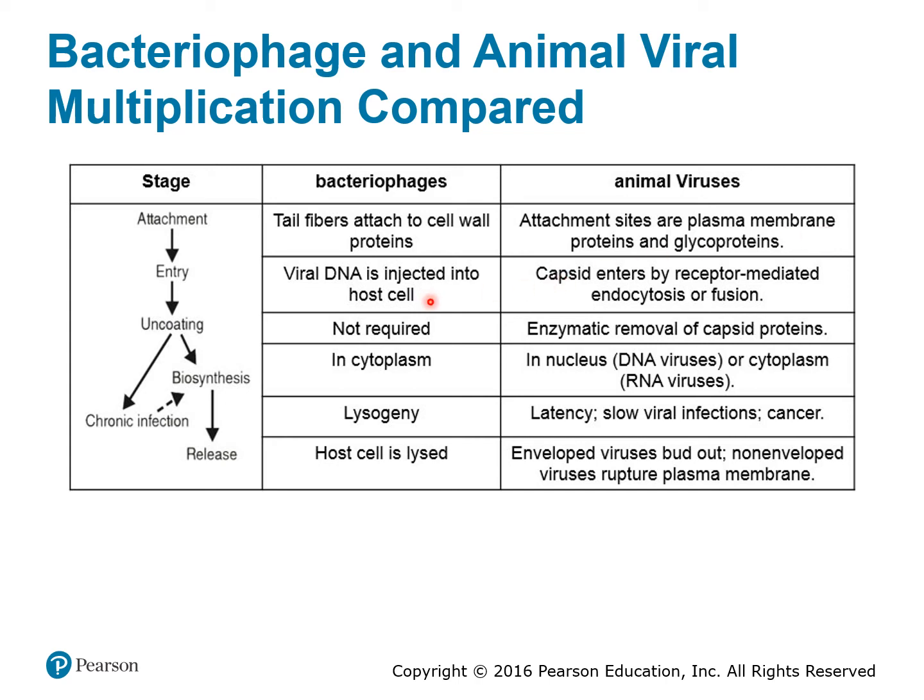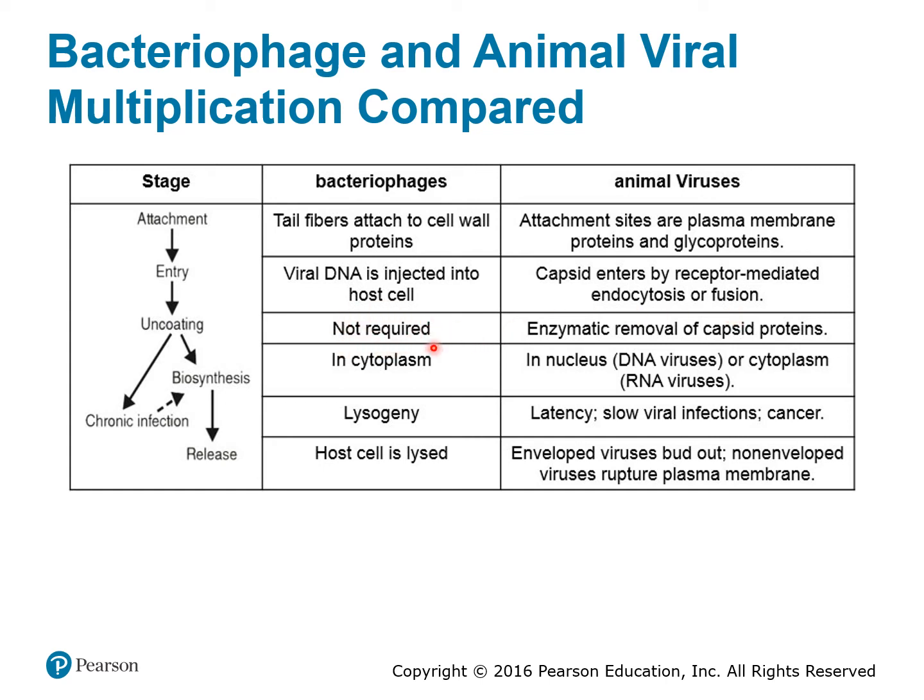Bacteriophages, they're going to inject only their DNA into the host cell. So the capsid and the tail fibers, all of these will remain outside of the host. Versus with animal viruses, the capsid with the nucleic acid enters into the host cell, as we said, either via the process known as receptor-mediated endocytosis or via the fusion process.